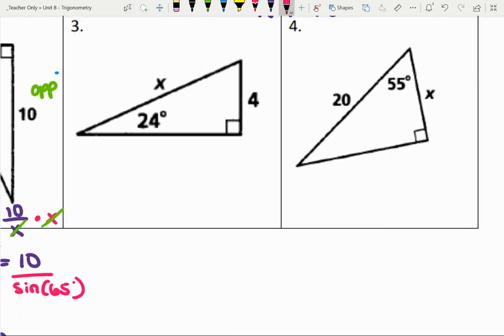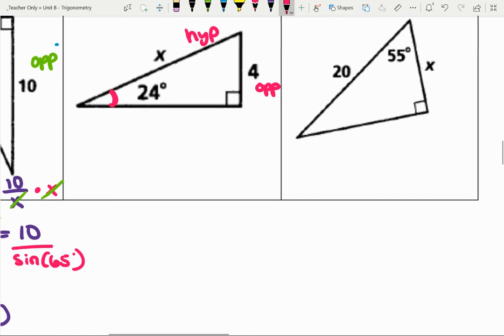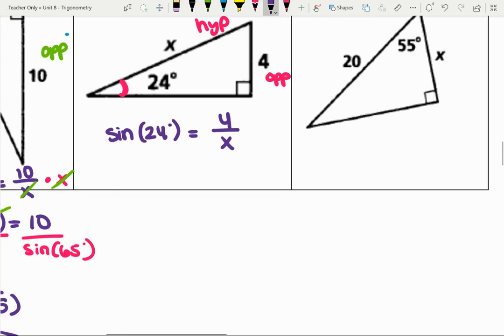So example 3, I've got the angle 24 degrees, and opposite of that, I have 4, and the hypotenuse is x. So this setup is going to look pretty similar to that last one. Sine of 24 degrees is equal to the opposite over the hypotenuse, so 4 divided by x.